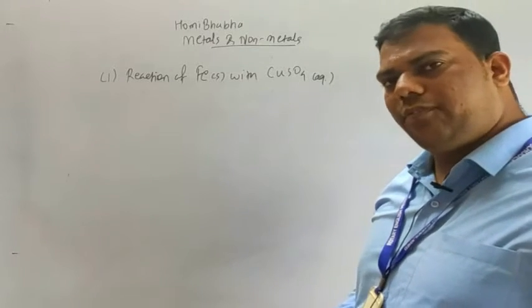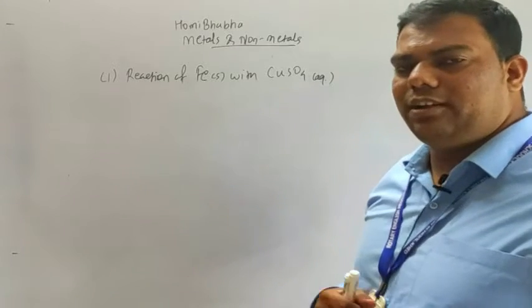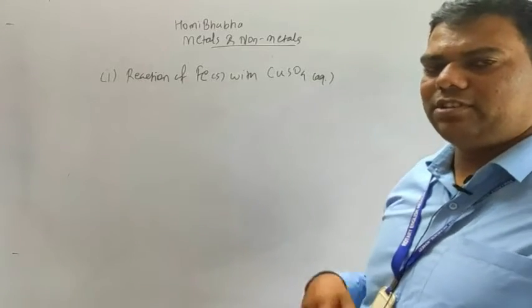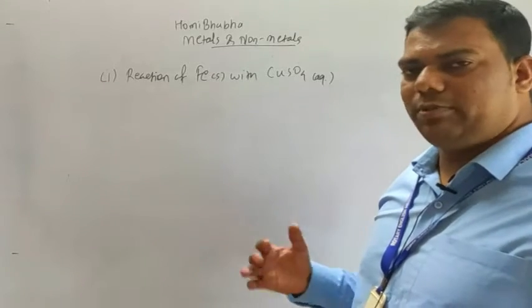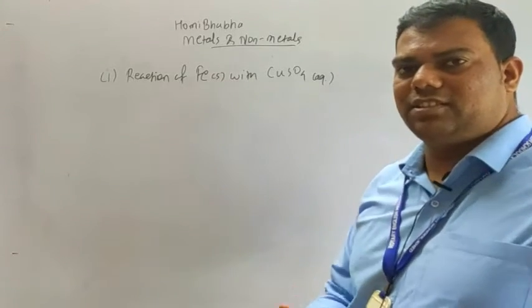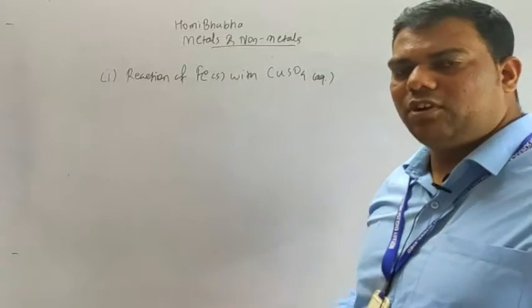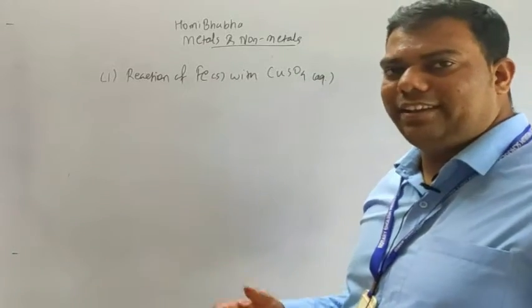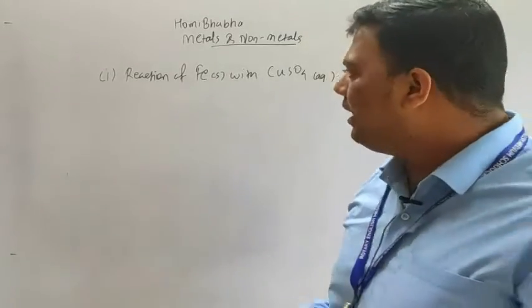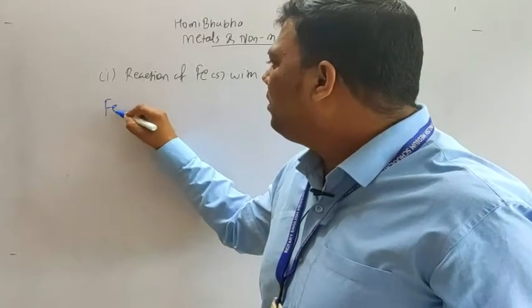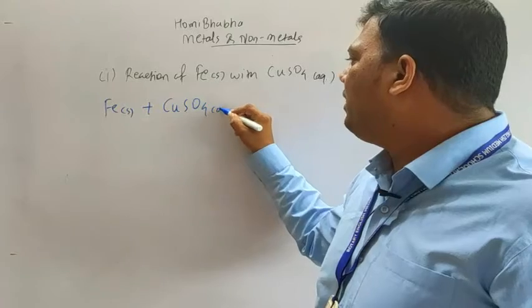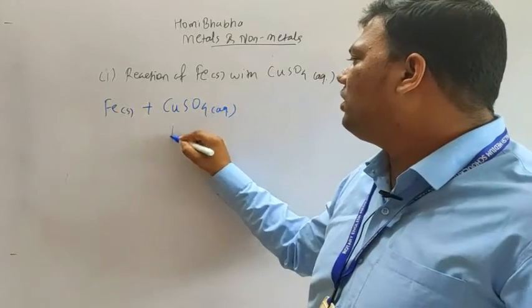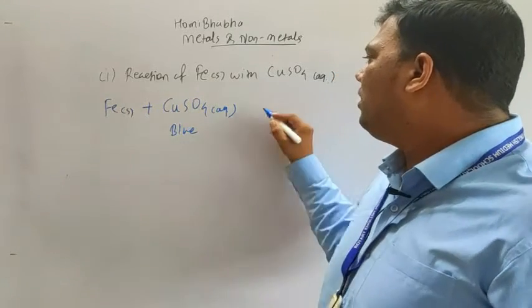Okay, if you put an iron nail in copper sulfate solution, after some time what will happen? Yes, the color of the copper sulfate fades. The solution turns light green. See here the reaction: iron solid plus copper sulfate aqueous, which, as you know, is blue in color.